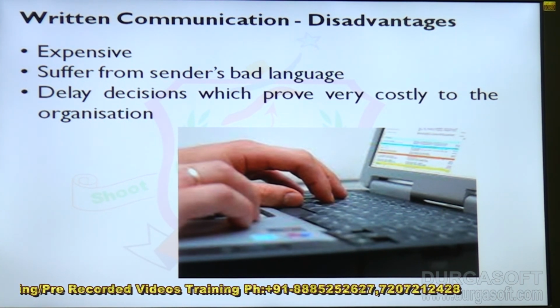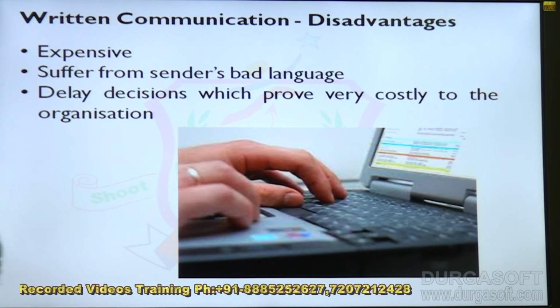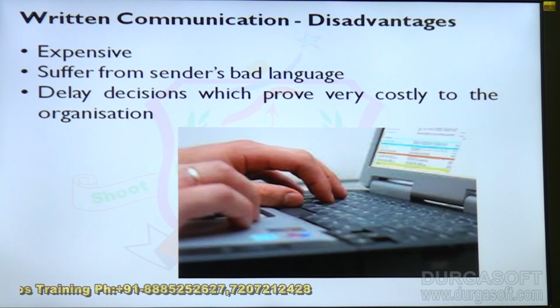And at the same time it delays decisions, which proves very costly. Sometimes written communication takes time to reach the receiver, so delay is a very important one. Once a delay takes place, it may be very costly for the organization.